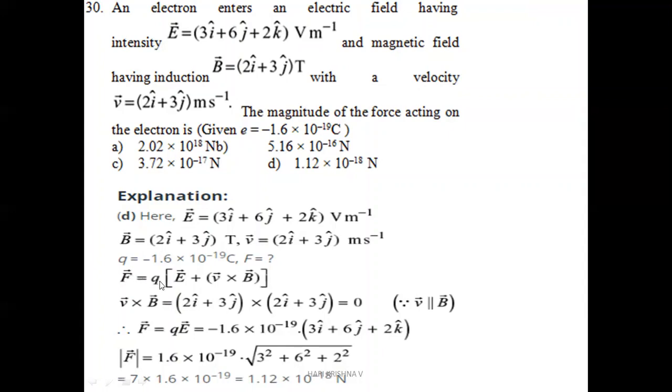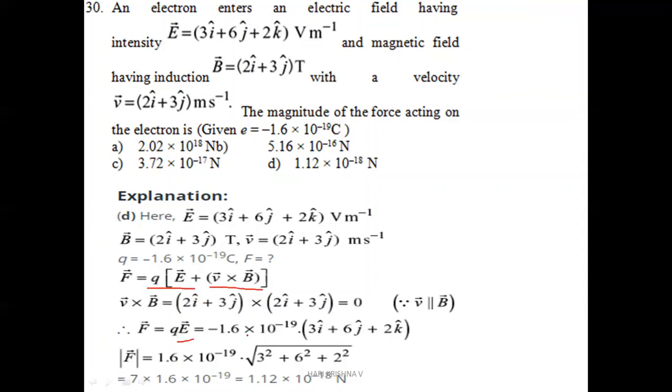So force is nothing but Q into E plus V cross B, Lorentz formula. So V cross B: V and B are the same, 2i plus 3j, 2i plus 3j. So both are parallel, and in parallel the cross product will be 0. Directly this term, no need to solve at all. V cross B will become 0. So remaining we have F is equal to QE.